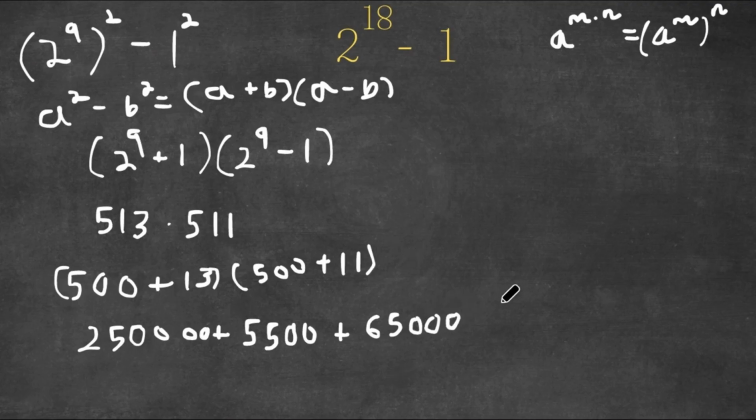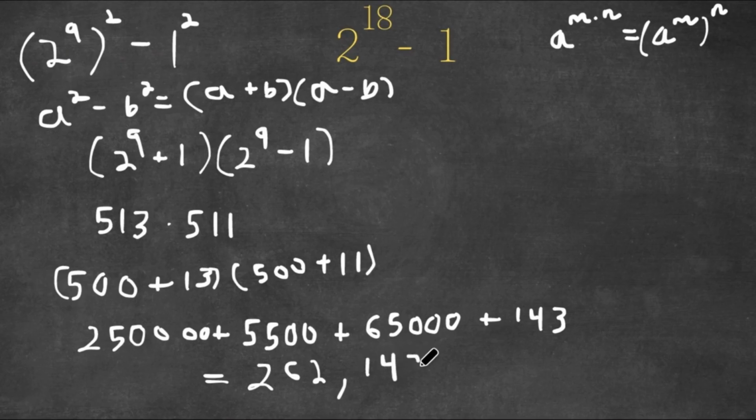And finally, 13 times 11 is 143. So now, if we add this all up, I'm not going to waste your time by doing that. We would get 262,143. So this is our answer.